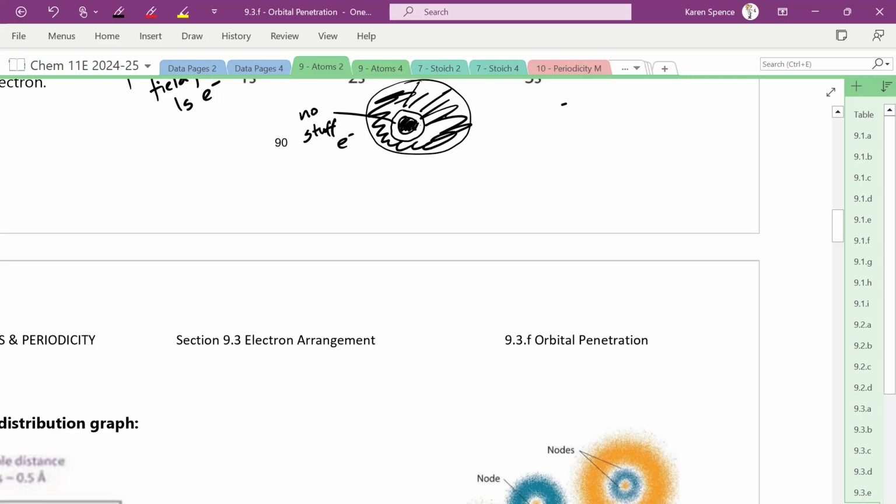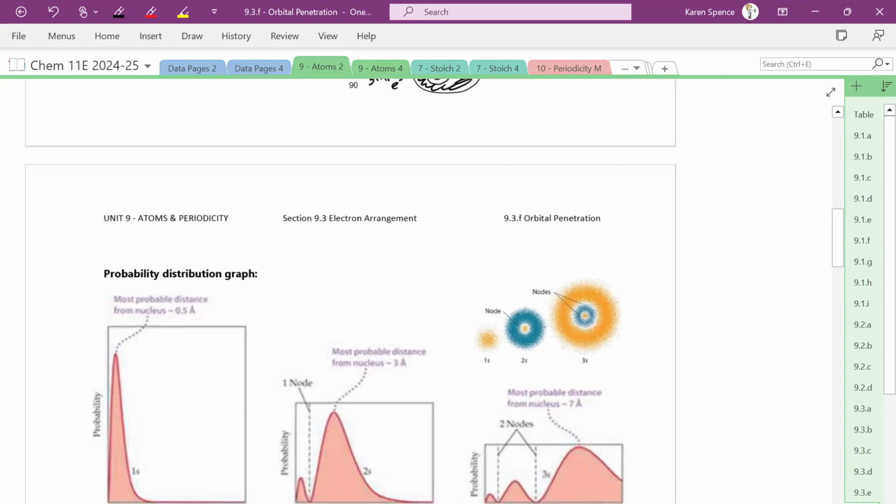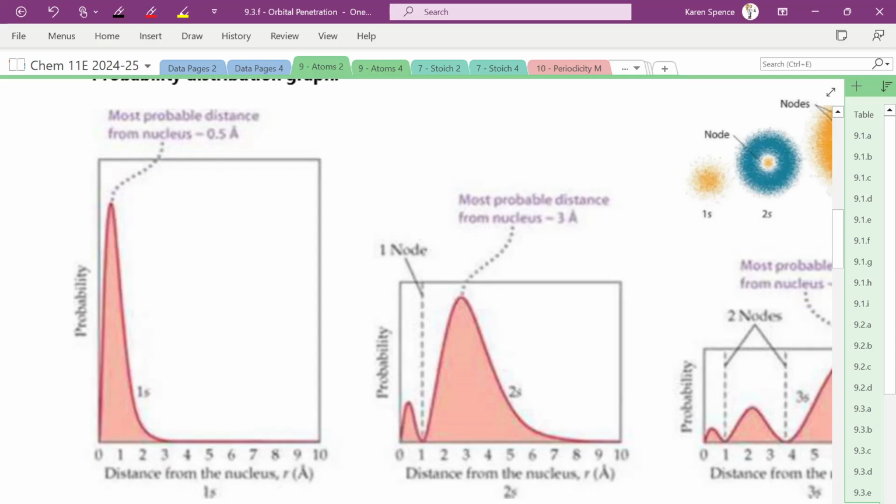All right. Now we have these distribution graphs, which I'm sorry the text is a little bit fuzzy. What we have on our y-axis is the probability of finding an electron.